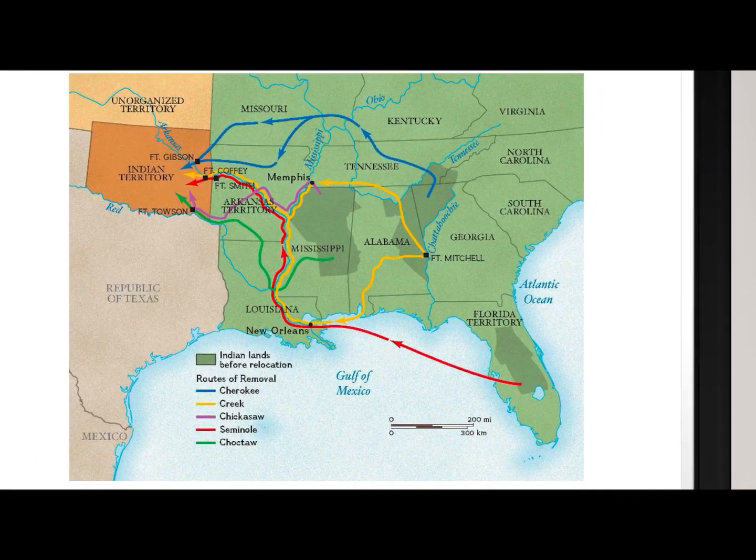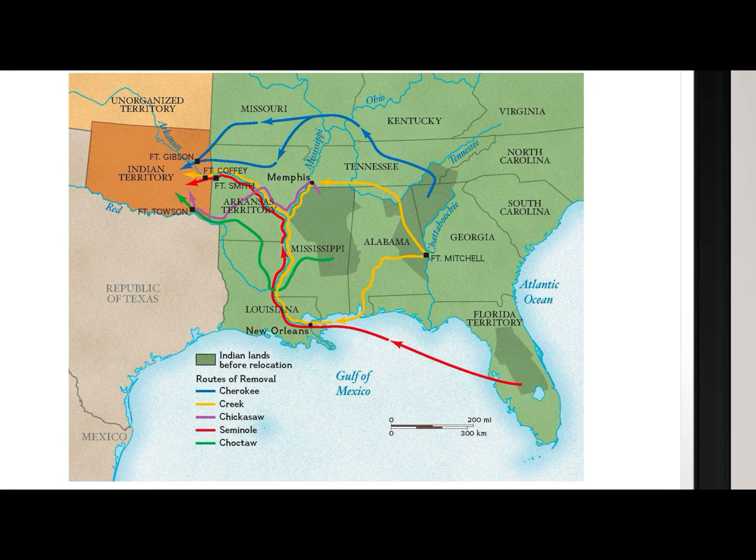You're basically looking at 5 large tribes: the Cherokee, the Creek, the Chickasaw, the Seminole, and the Choctaw. And these 5 large tribes in the Southeast are systematically removed from their homes, removed from their tribal lands, and forced to travel out west. It was a sad time.